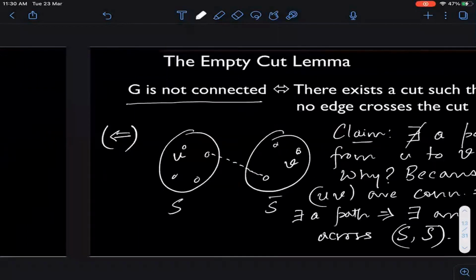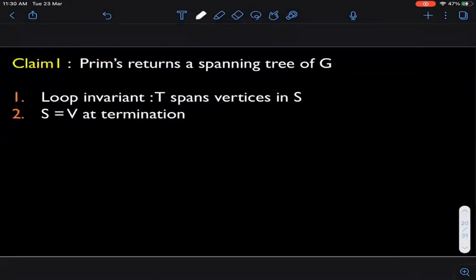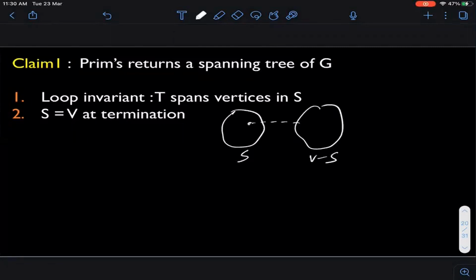Okay. So now let's see. Why is S equal to V at termination? So remember, what is the termination condition? The termination condition was that you have this S and some V minus S, and there are no edges going across, which is when you terminate. That's your termination condition. So why can I claim that in this case, S has to be V?